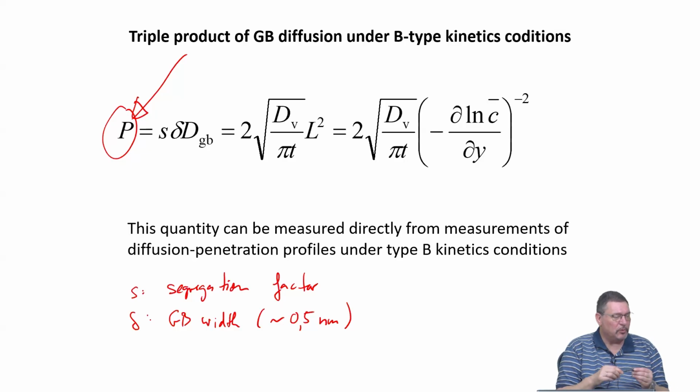But when we do this for different grain boundaries, in different high-angle grain boundaries in the same material, we see that this segregation can vary quite drastically. And we so far don't understand the exact reasons for it.